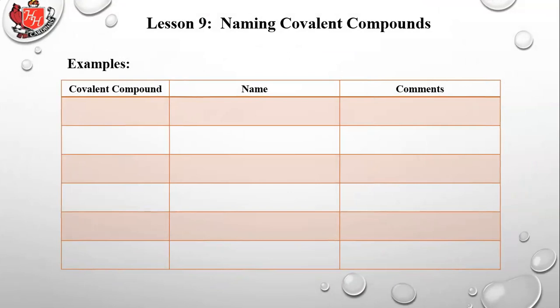So let's look at some examples. H2O is dihydrogen because there's 2 hydrogens, monoxide. Take off the O on mono when applied to oxide, so it's not monooxide, it's monoxide. Again, it's virtually never called this, but this is the technical official name for water.